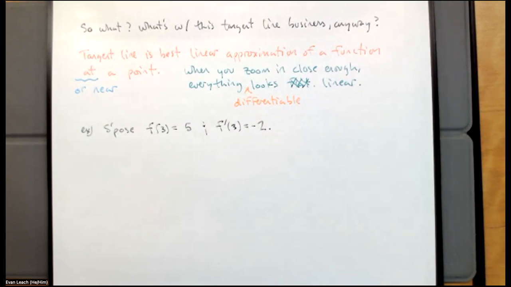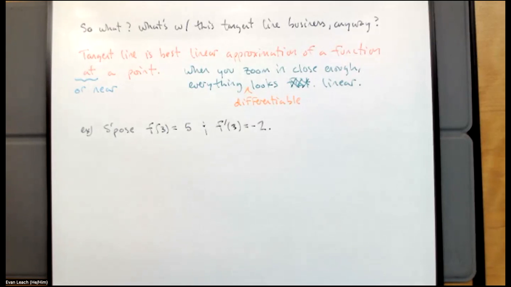I haven't told you what this function looks like, but I've told you what's going on at 3. f of 3 is equal to 5. I've given you a point. I said that this function is decreasing at a slope of -2.